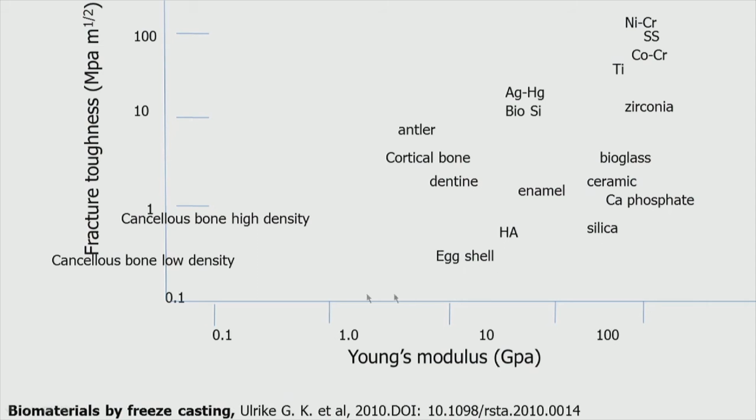Eggshell you can see has very low fracture toughness, we are all used to that, right? If there is a crack, immediately it fails. Some of your bone material, high density and low density cancellous bone, have very low Young's modulus as well as very low fracture toughness. So, the fracture toughness of most of the ceramics is low, whereas the compressive strength is high.